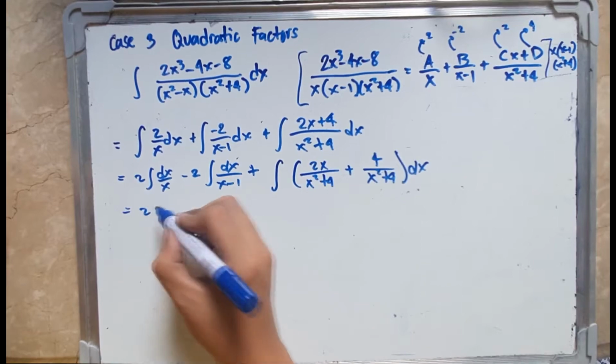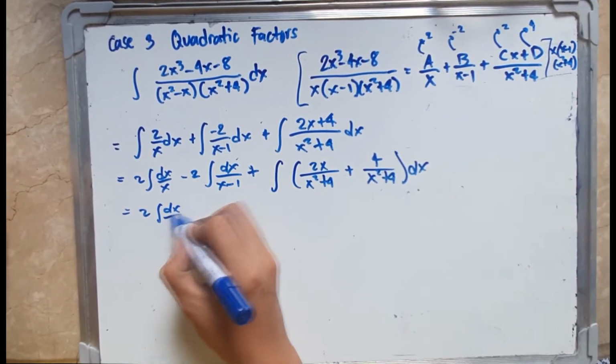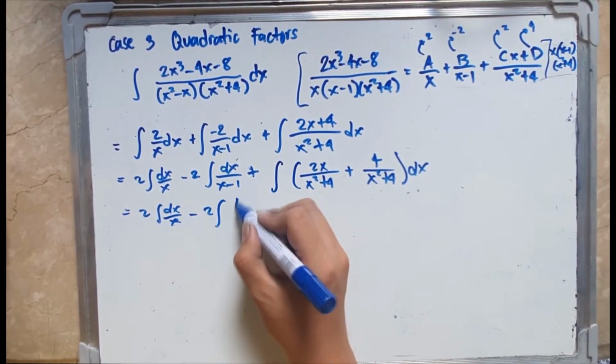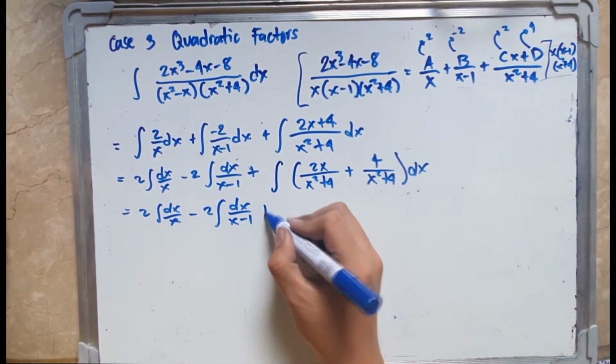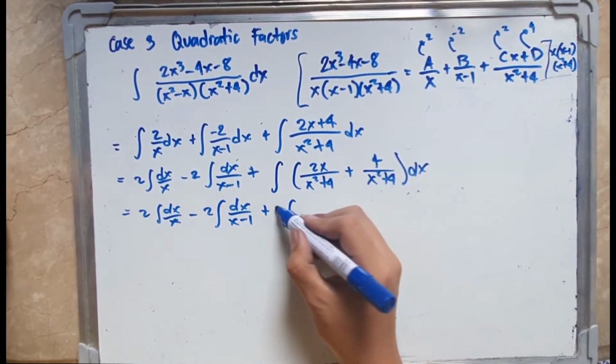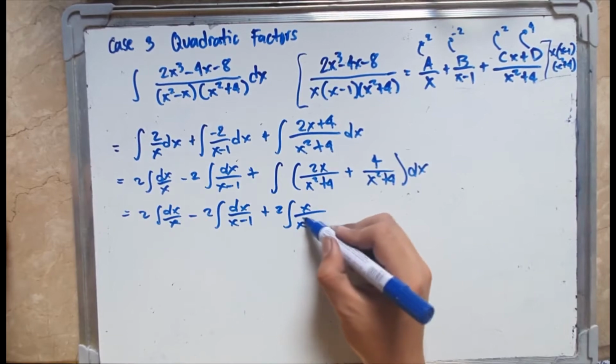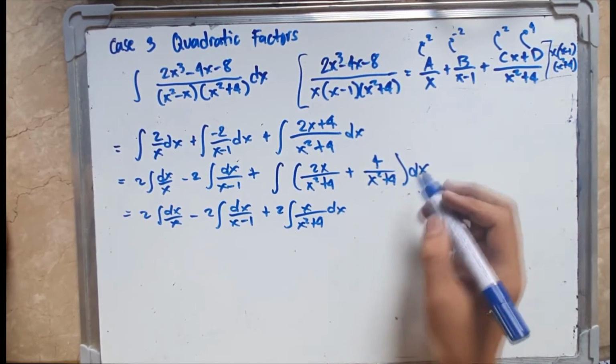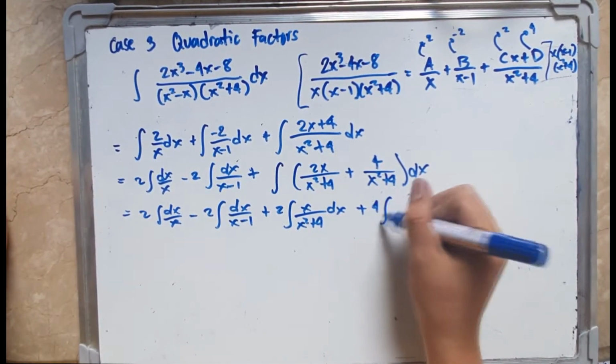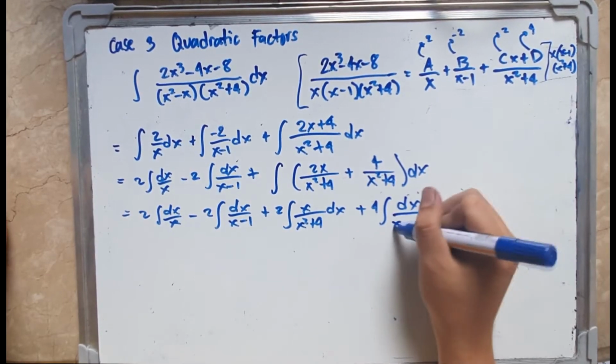So 2 integral of dx over x, minus 2 integral of dx over x minus 1, plus integral of 2x over x squared plus 4 dx, plus 4 integral of dx over x squared plus 4.